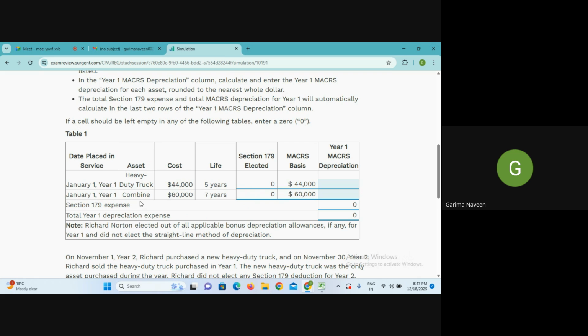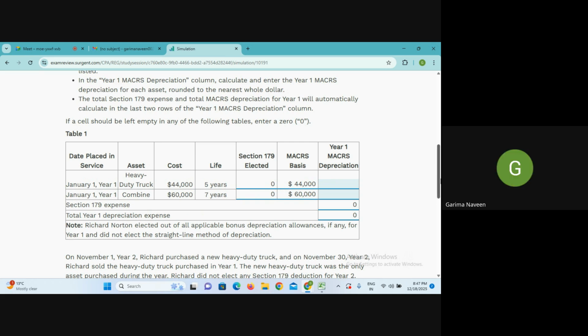Since both properties are put into use on January 1st, not in the last quarter, by default you will use the half year convention. So is it clear when you will use half year or mid quarter? इतना समझ में आया आपको? हाँ, got it. ठीक है.